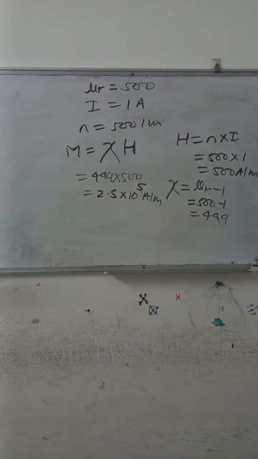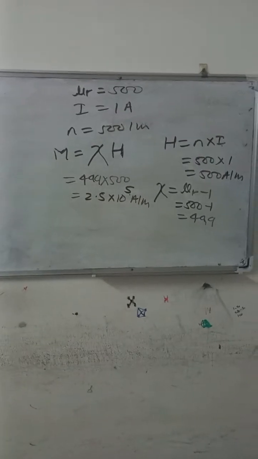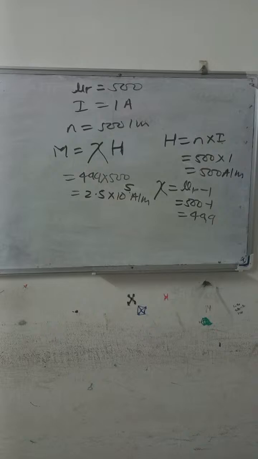How we flip the formula to get the answer from the given quantities is very important. People are wondering why the current and the number of turns are given. Magnetization M is nothing but psi into H, but the values of psi and H are not given. We have to calculate them.